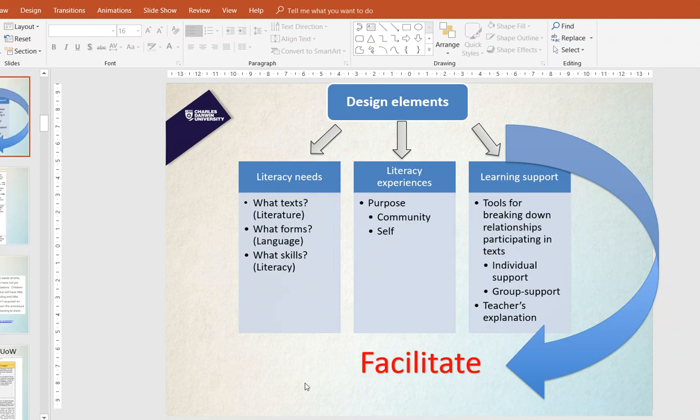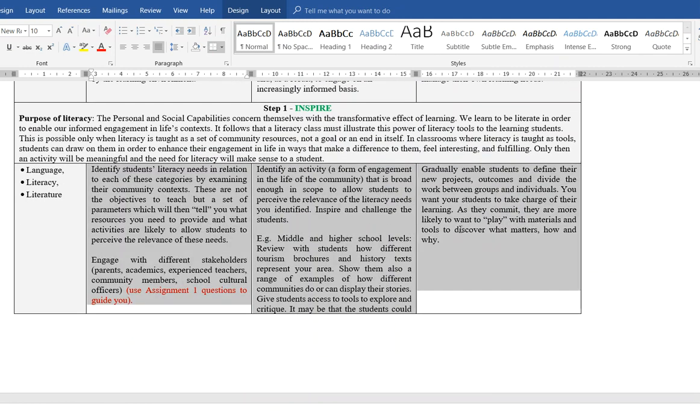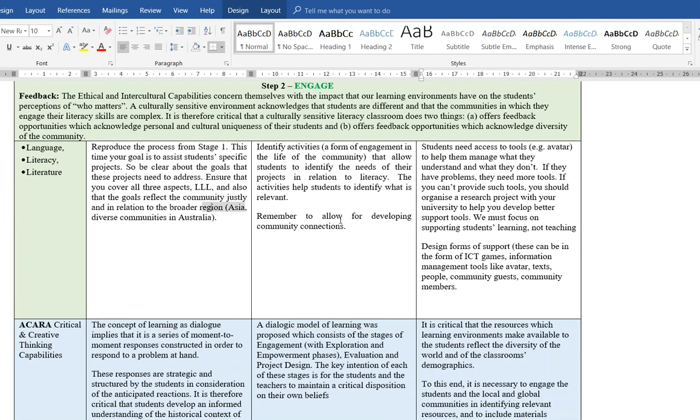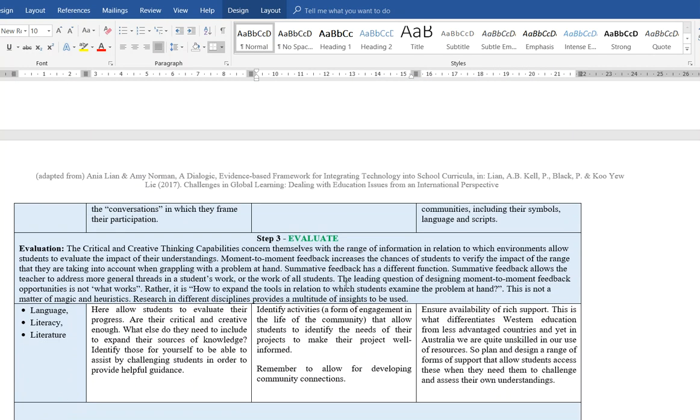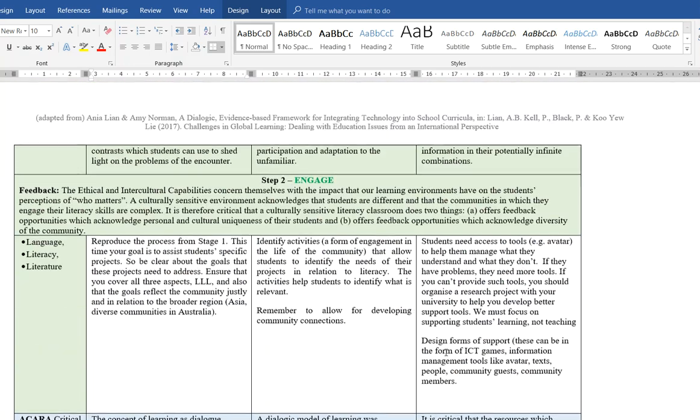And this little map, those three elements, is no different than what we have in those three columns for inspire or for engage, right? And evaluate is a little bit different because we evaluate in relation to inspire.